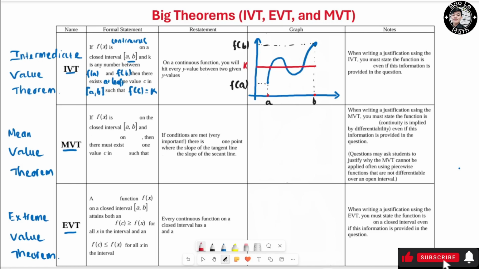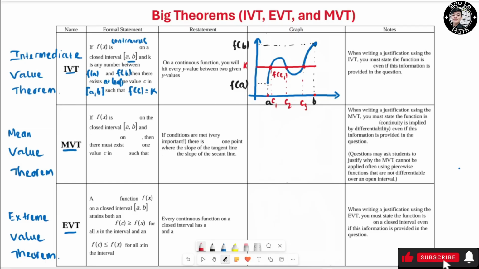So I have the first value c1 right here, this is c2, so this is f of c2, and this is c3, this is f of c3.